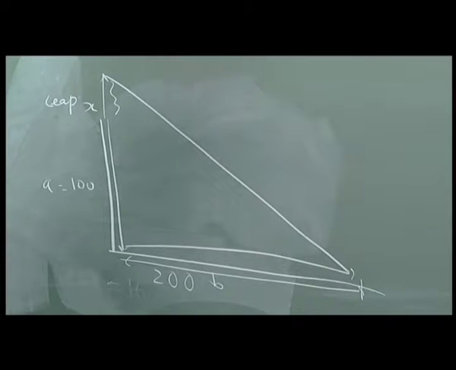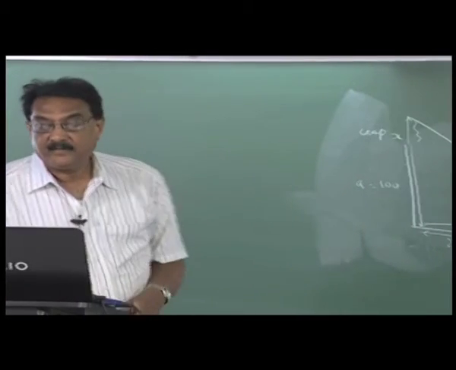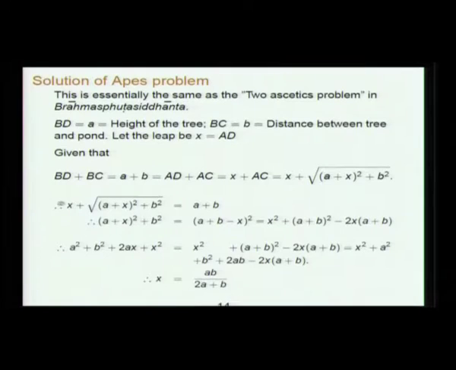Then one can check that (A plus x) whole squared plus B squared, the square root of that is the diagonal, the hypotenuse. So x plus hypotenuse must be equal to A plus B. So x plus the square root of (A plus x) whole squared plus B squared is A plus B.